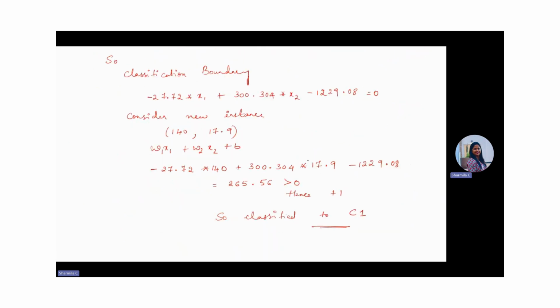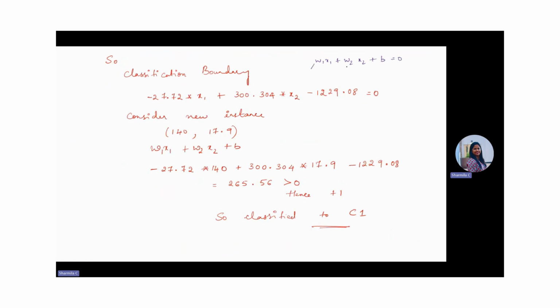And finally, we'll get the classification boundary. Because x1 and x2, whatever is present in the training data set, we have taken that and come up with the function. So weight w1 is the new weight, this one and this one, and the bias value. We are substituting in the equation, that is w1 into x1 plus w2 into x2 plus the bias value equals 0.